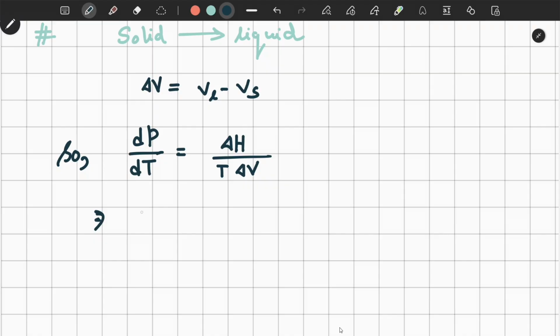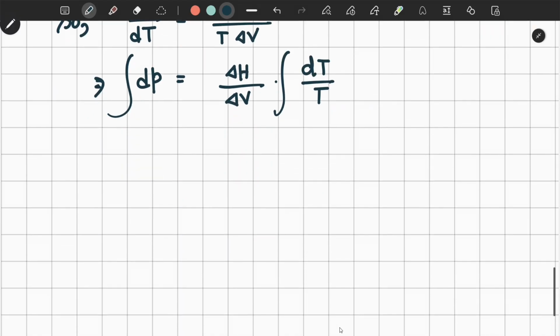So what you can do, P2 minus P1 equal to delta H by delta V ln T2 by T1.